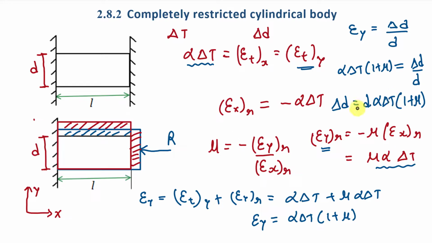Fine. So finally this is the value of delta D, meaning the change in diameter of this body due to temperature difference delta T. I hope that you understand how to find the value of change in diameter in a completely restricted cylindrical body due to temperature difference delta T, right?